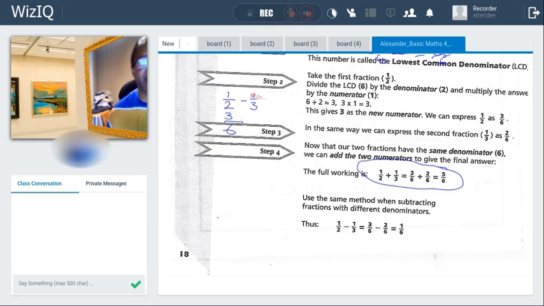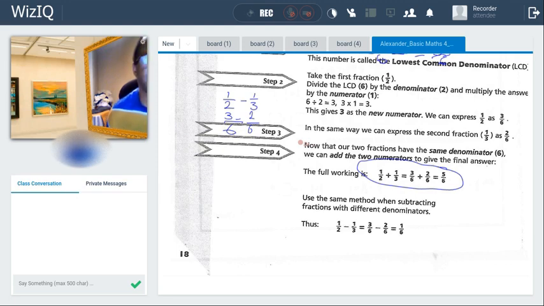So if I multiply this by 2, I'm going to have 2 there. Now this is frozen, I can't write. So the number you choose won't be the same for the numerator and the denominator? No, you are choosing the number that, when you multiply, gives you the same denominator.